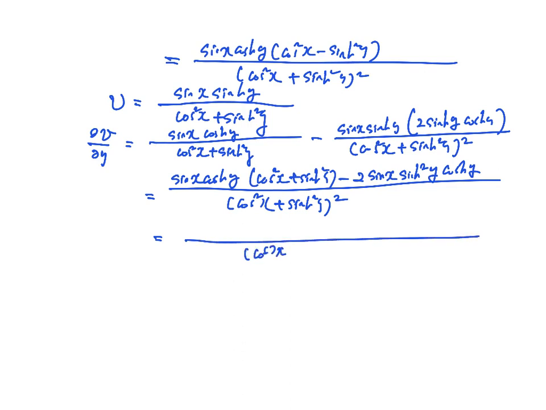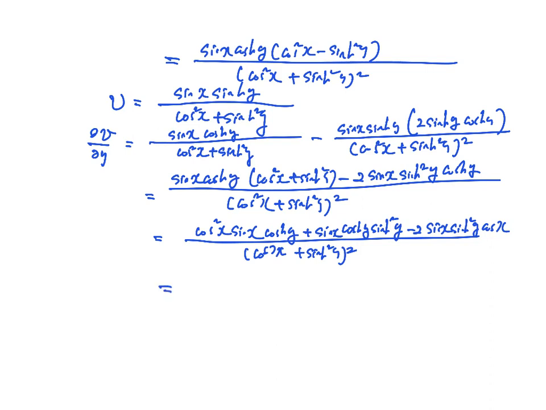So we have cosine square x sine x cosine hyperbolic y plus sine x cosine hyperbolic y sine hyperbolic square y minus twice sine x sine hyperbolic square y cosine hyperbolic y.